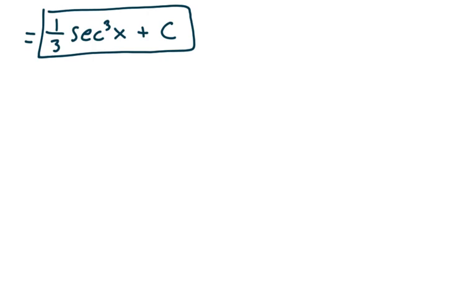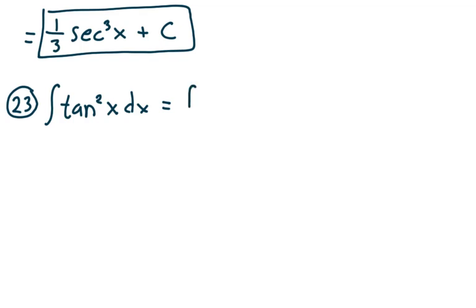Let's take a look at 23. Suppose I have the integral of tangent squared x dx. There's a few ways to attack this problem, right? I don't have an immediate elementary antiderivative of tangent squared x, but I do have an immediate elementary antiderivative of secant squared x.